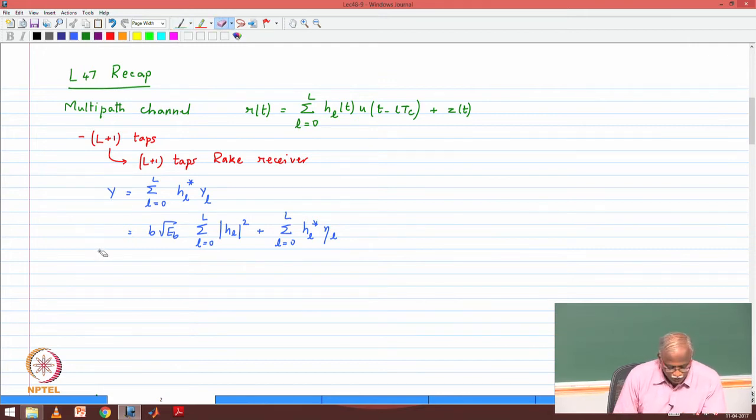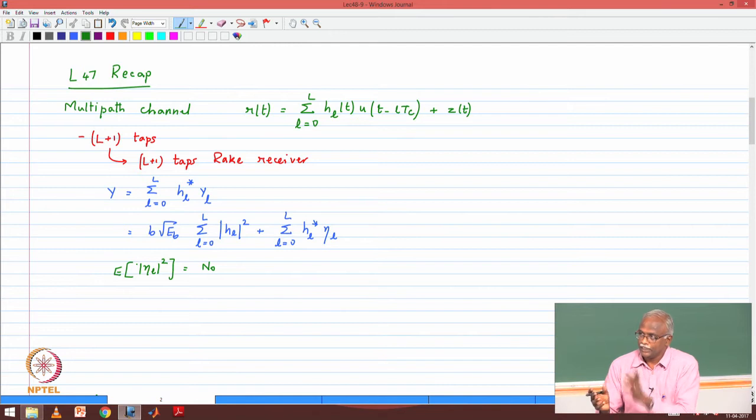We did note that the components of the noise can be characterized. The expected value of eta_l squared was N naught, white noise. But if you look at the output of the correlator, there is some component which is related to the cross-correlation or the autocorrelation at different lags.